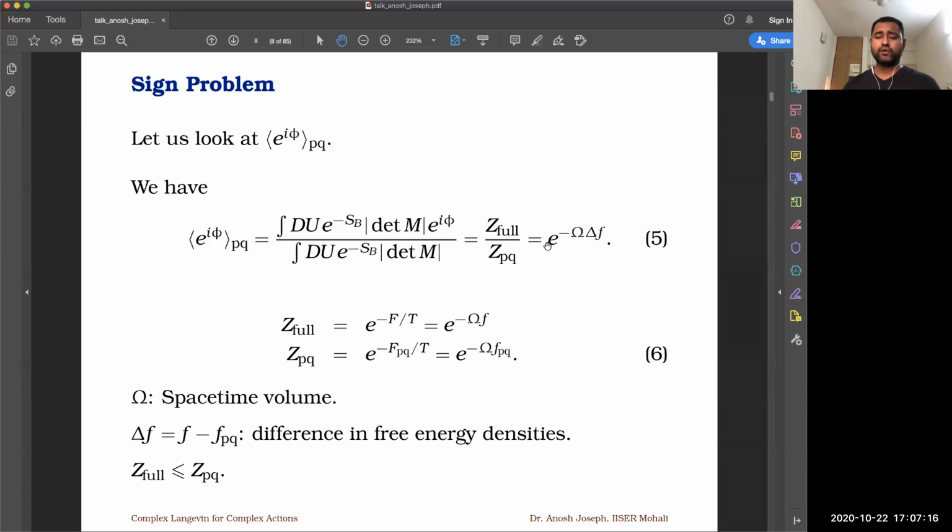It goes like exponential of minus Ω times ΔF, where ΔF is the difference in free energy densities and Ω is the space-time volume. Z full has this form, and Z phase quenched has this form.